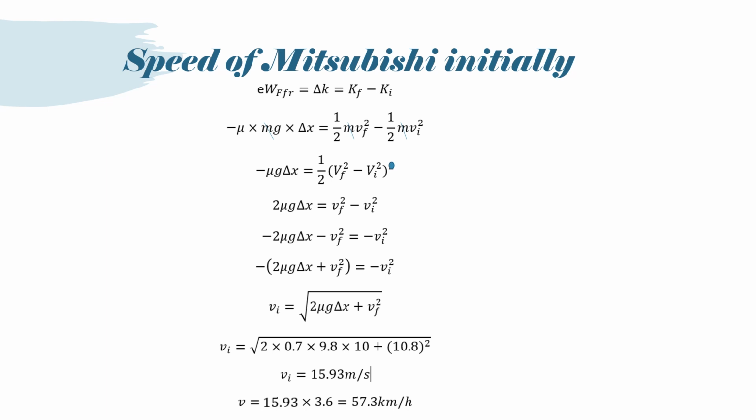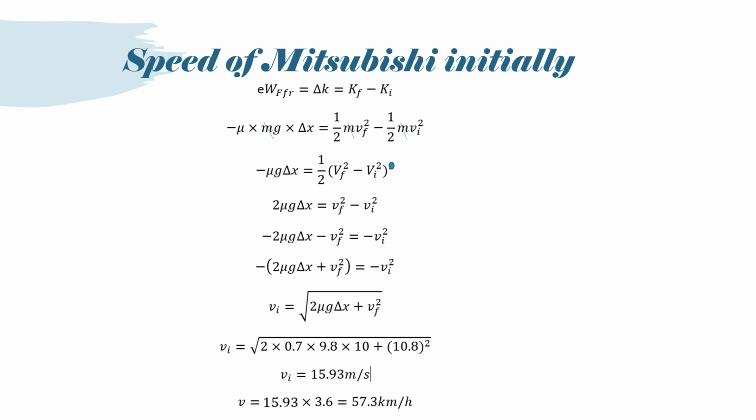So breaking down this equation furthermore, we can multiply 2 on both sides and we get minus 2 mu times g times delta x equals, the half gets cancelled with the multiplication of 2 and we are left with v square final minus v square initial, which we can break down again to minus 2 mu g delta x minus v square final equals minus v square initial.